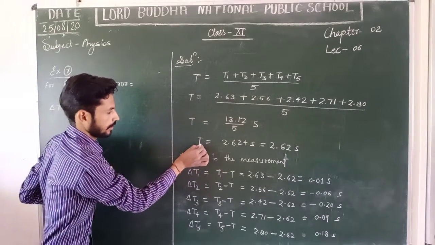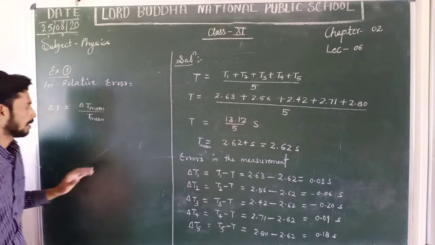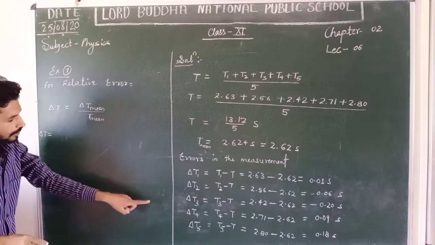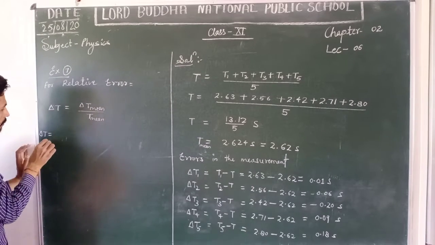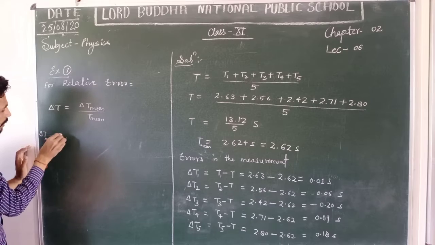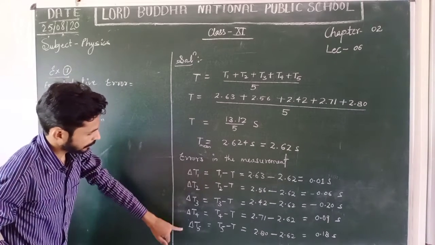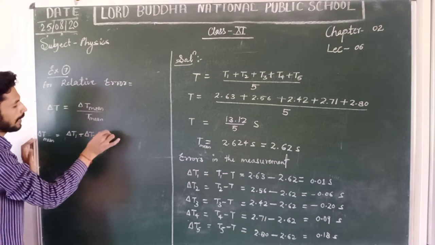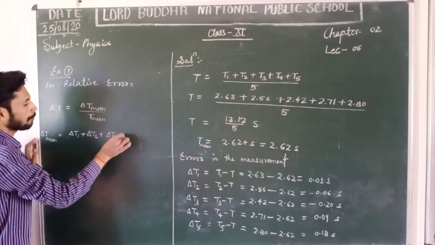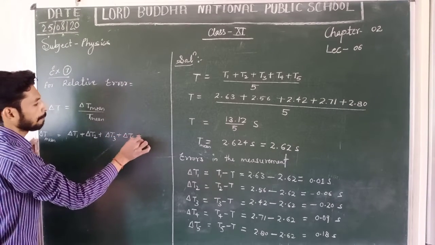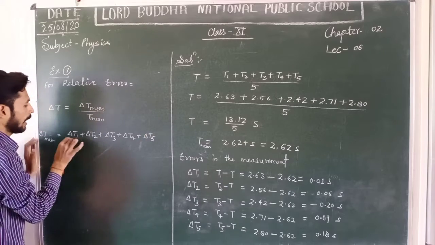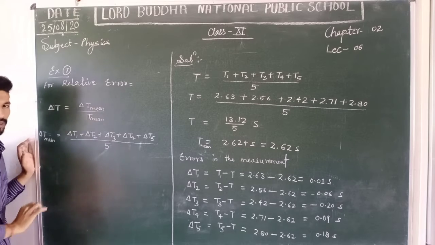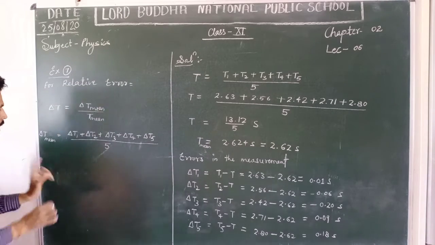So what do we mean by delta T mean? For the delta T mean, we take all these errors, delta T1 plus delta T2 plus delta T3 plus delta T4 plus delta T5, and divide by the number of errors. Total how many errors? 5. So divide by 5.